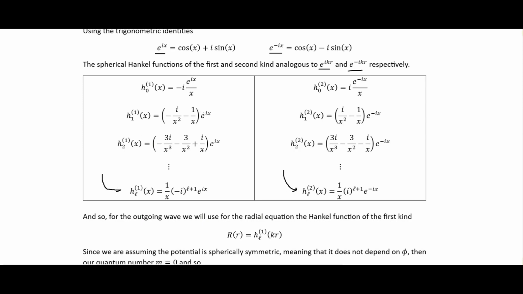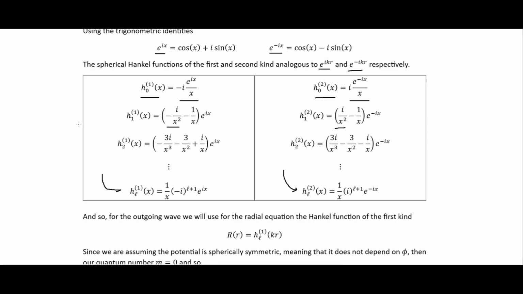But we see that the first version of these, the h sub 0, has this e to the ix over x and this e to the negative ix over x terms, where after that these keep getting higher and higher orders of magnitude in the denominator, which will be important for us to keep in mind.